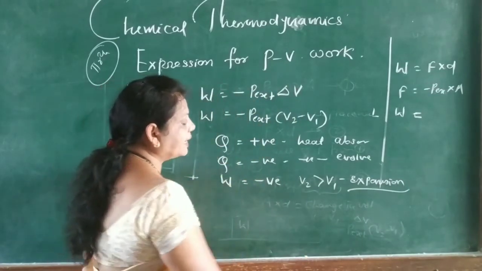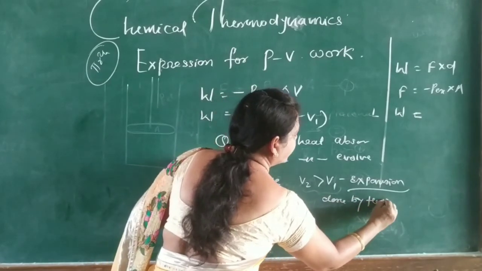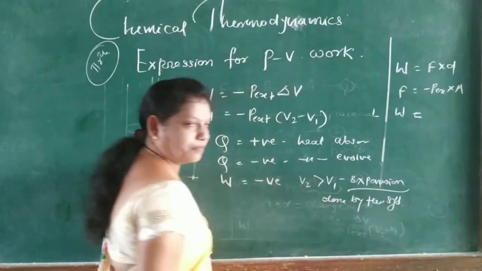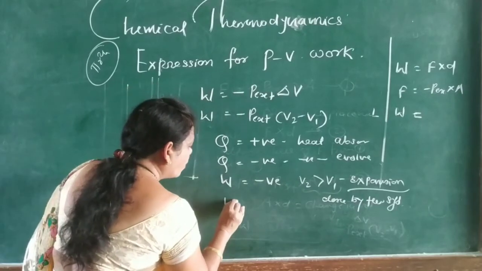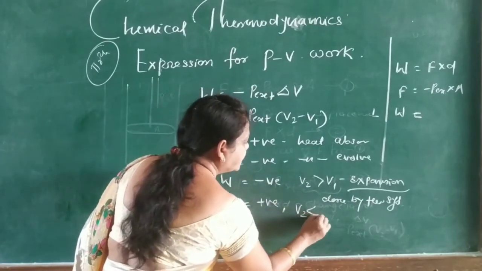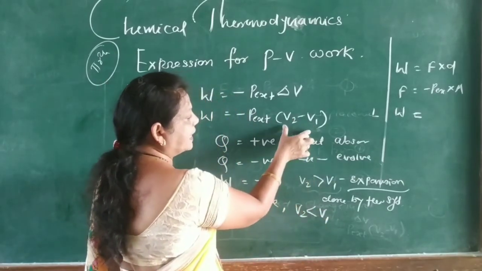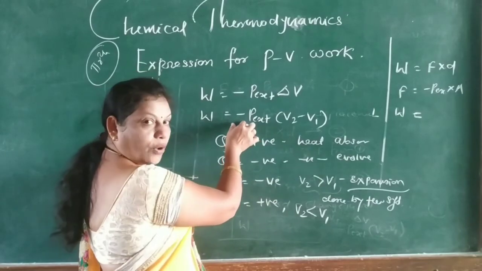Work is done by the system. And if work is positive, then V2 is less than V1, meaning V2 minus V1 is negative, giving positive work.